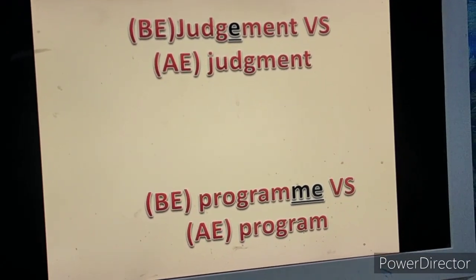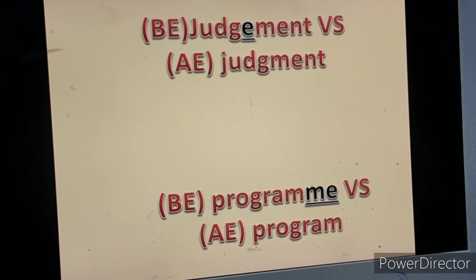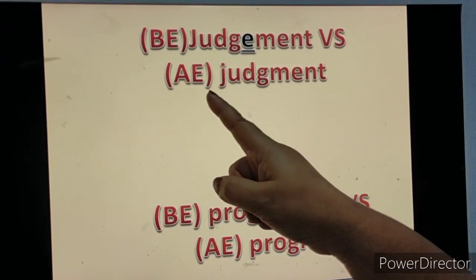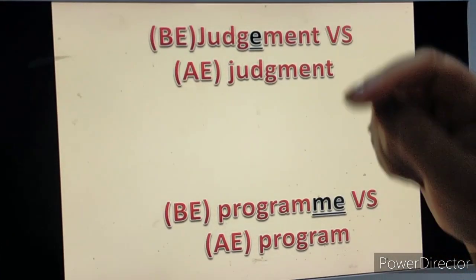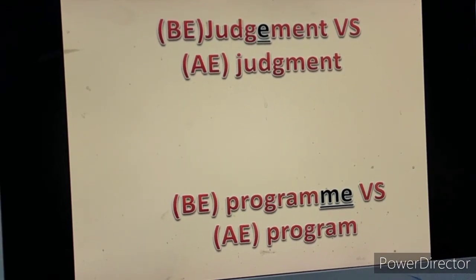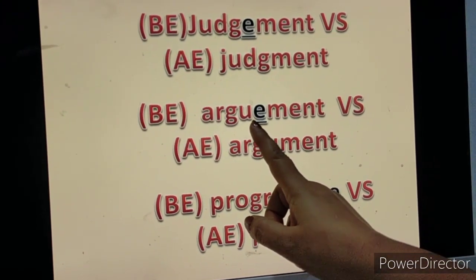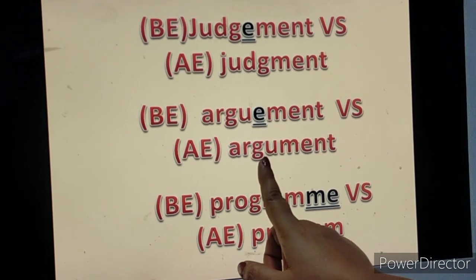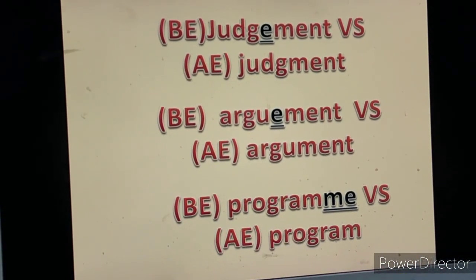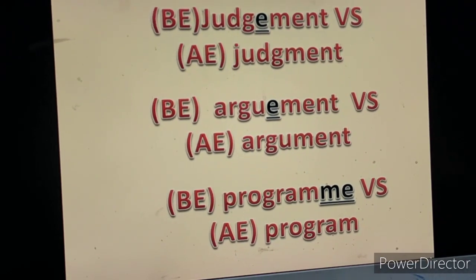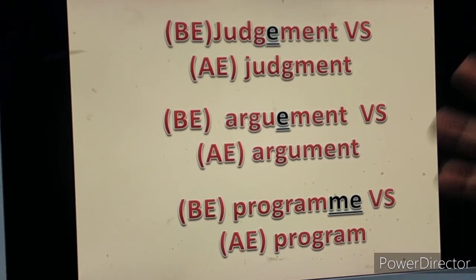This is one confusing word that had always confused me in my childhood. J-U-D-G-E-M-E-N-T, that's British. American, it will be without the E. One more word there. Say British English argument with the E. But in the American, it will lose the E. So these are few characteristic words we normally use every day.